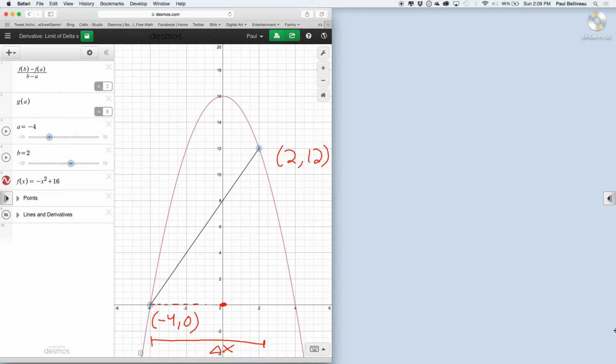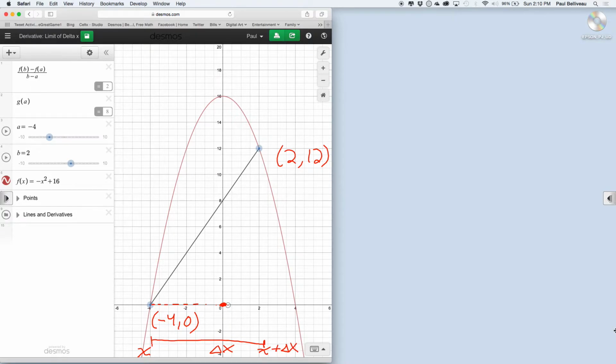That means I started at an x value, and then I covered a distance of delta x, so I wound up at a distance I'm going to call x plus delta x. I started with an x value, I went a distance, I wound up at a new point, which I will call my original x plus however much I changed.